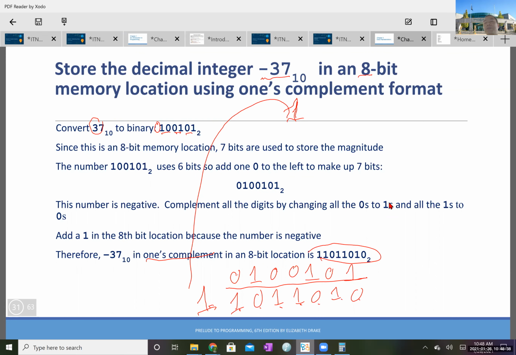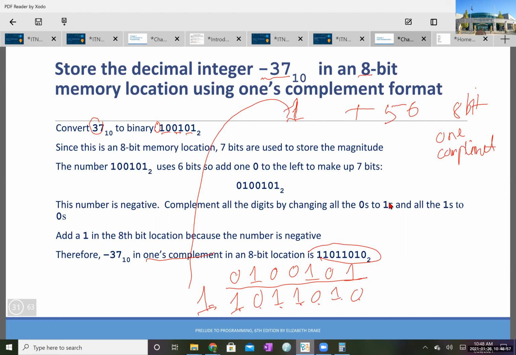Okay. So now what happens if you want to represent the number positive 56 in the 8-bit 1's complement here? So what do you think?